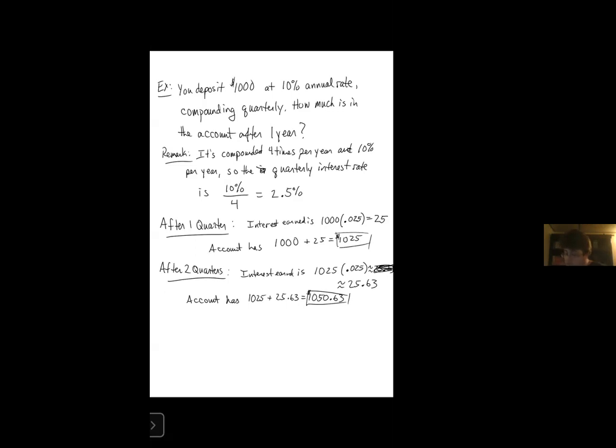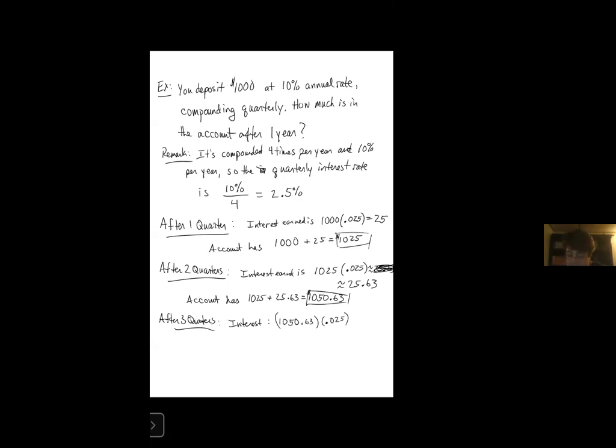And now we need to do this for the next 2 quarters. So after 3 quarters, how much interest? We start with 1050.63. We earn 2.5%, so 0.025.